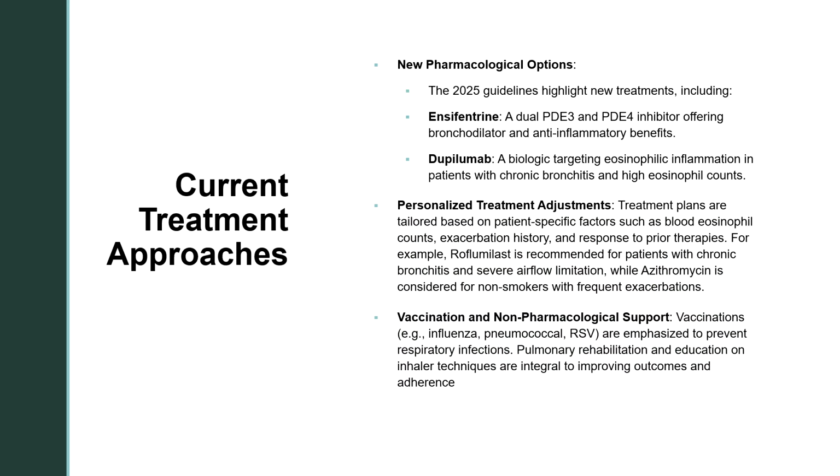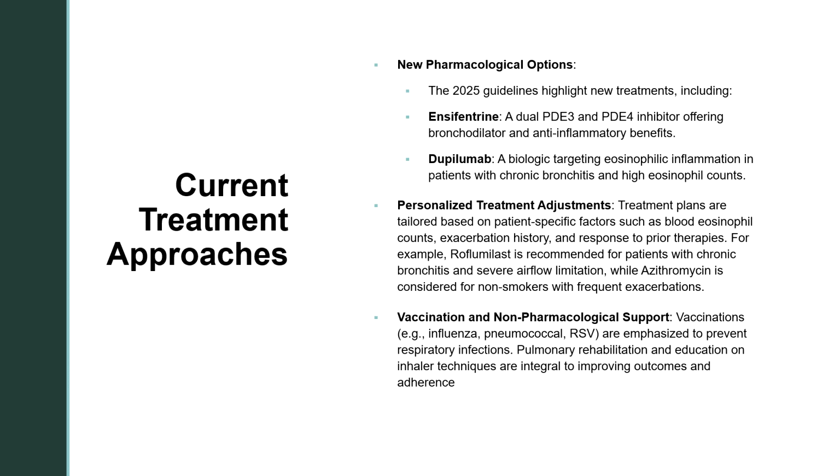So let's talk about some of the new pharmacological options we have. They just came up with some new guidelines in 2025 to incorporate different treatment options into the therapy for patients with COPD. And a couple of them were a phosphodiesterase inhibitor. This is the PDE3 and the PDE4.